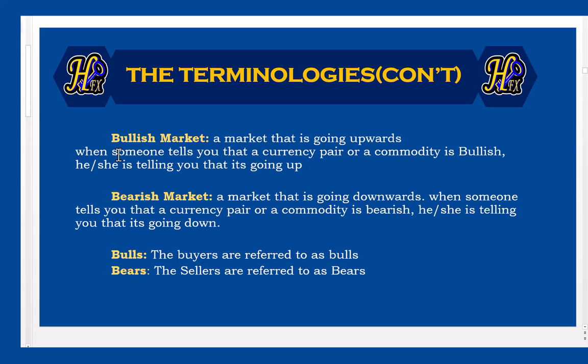You get it? And then the opposite of that is a bearish market. So a market that is basically going downwards. When someone tells you that a currency pair or a commodity is bearish, he or she is telling you that it is going down. You get it? So these are just basic terms that you have to get yourself used to if you want to start trading.